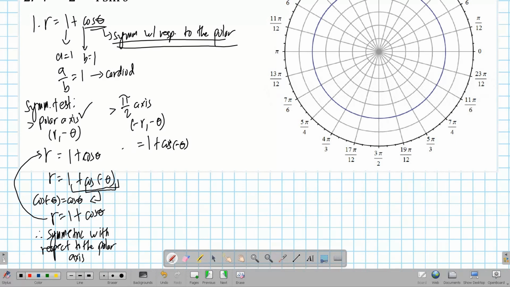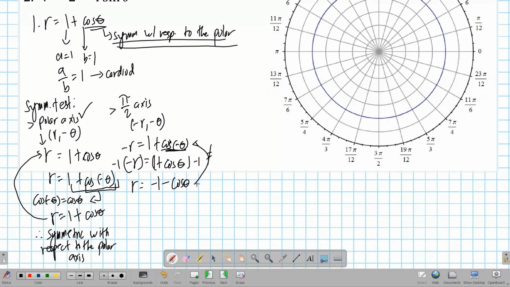Then we replace r with negative r, so negative r is equal to 1 plus cosine theta. Since we are aiming for r to be positive, we multiply both sides by negative 1. This becomes r is equal to negative 1 minus cosine theta, which is not the same as the original. Therefore, at this point, it's not symmetric to the pi over 2 axis.